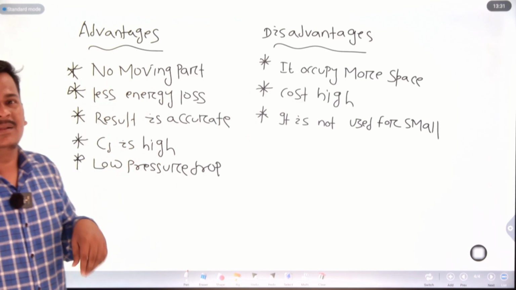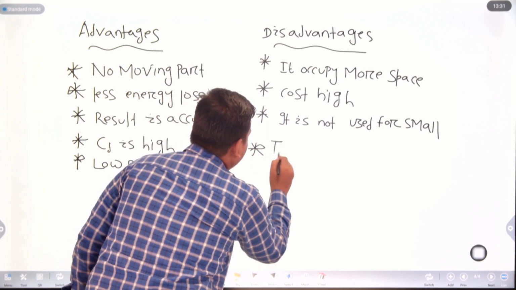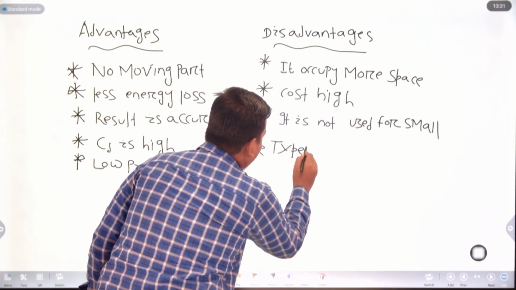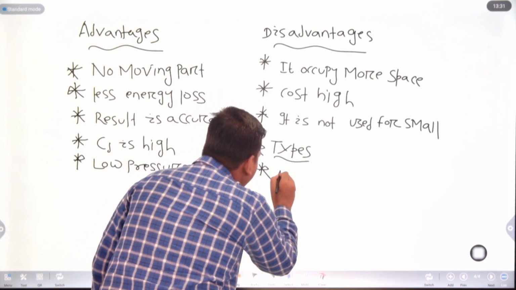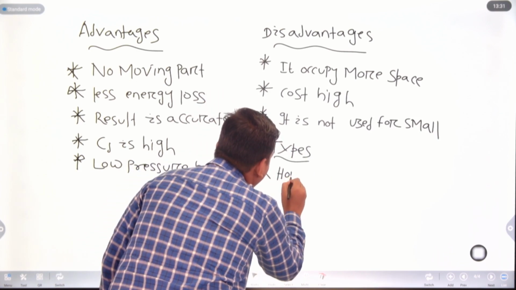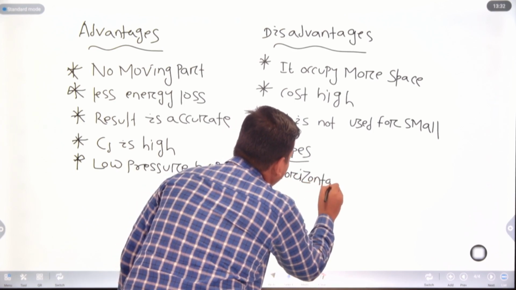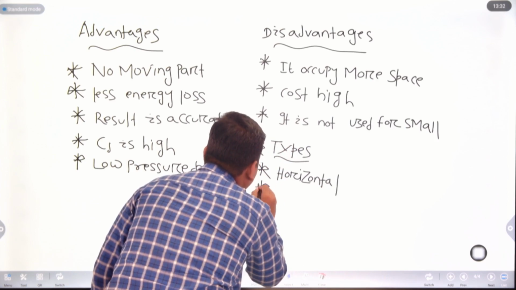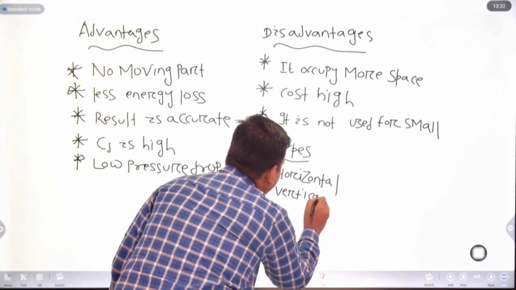Also we know there are three types: horizontal, vertical, and inclined.